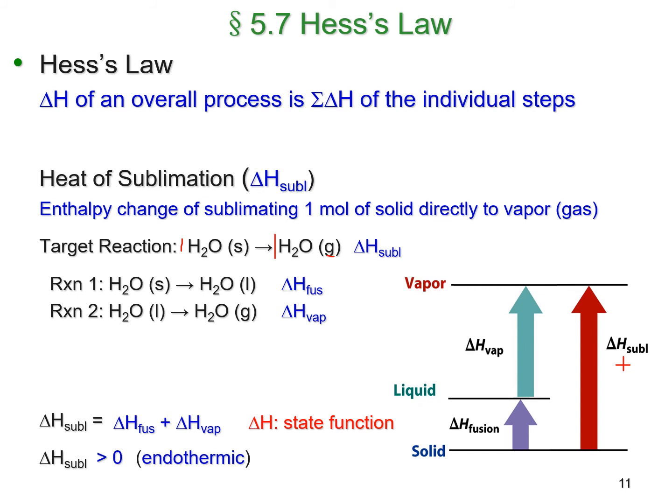Once we make it work, like make it from solid to the vapor, all we have to do is add up delta H of each individual step. This is what Hess's law tells us. Delta H of an overall process is the sum of delta H of each individual step.